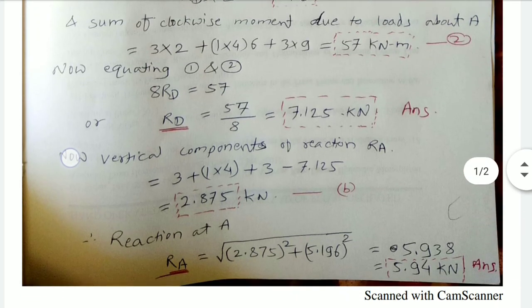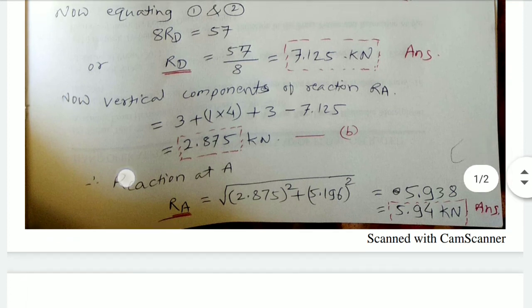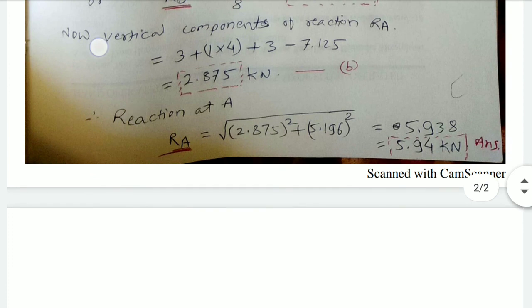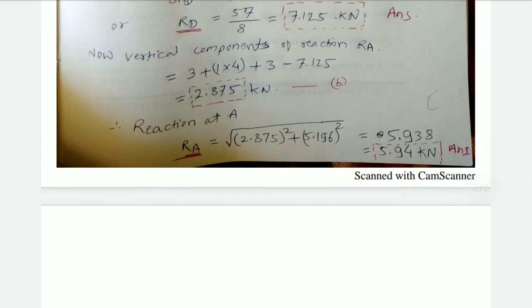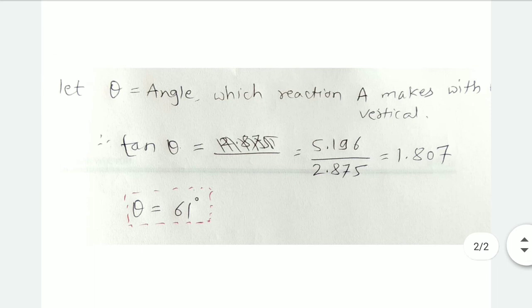The reaction at D is 7.125 kilonewton and the reaction at A is 5.94, but it is still not completed because, as we know, it will be inclined, so we have to find the angle of inclination. Let theta be the angle which reaction A makes with the vertical axis.